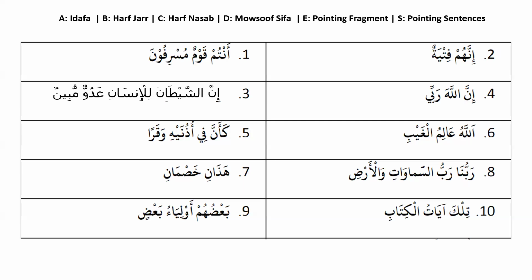Okay, good, brother. Thank you for your answer. Next one is brother Musaddiq, please. Brother Mahir Hussain Musaddiq. So if we look at number 2, innahum fitiyatun. What does innahum mean? Certainly. Innahum means certainly they, not both of them; both of them would be huma.